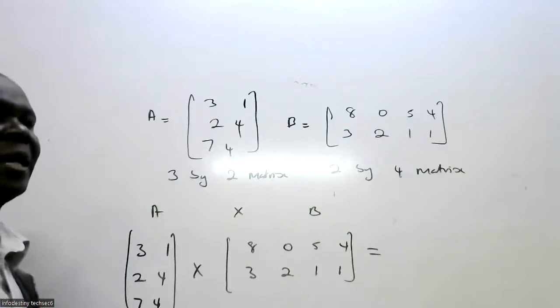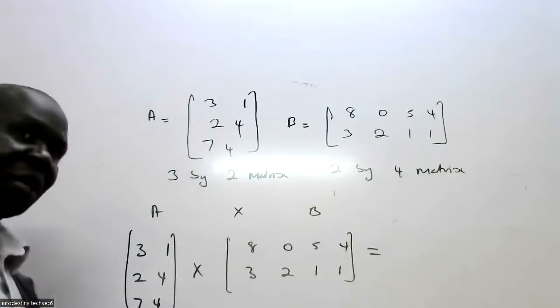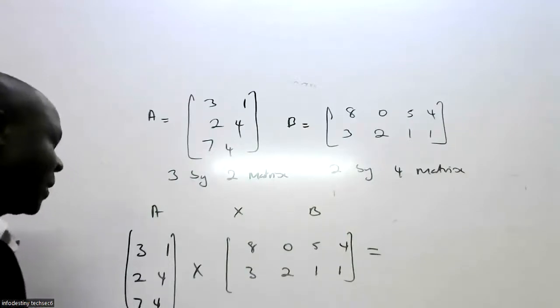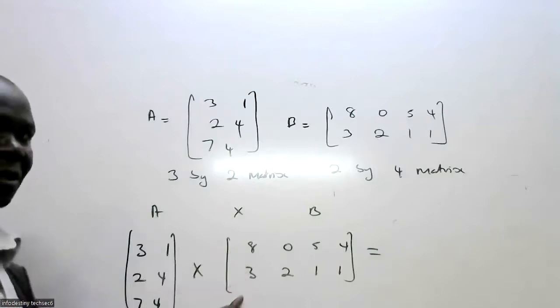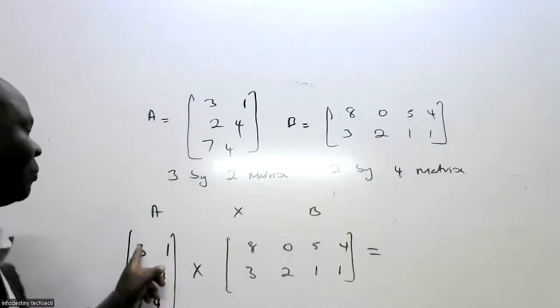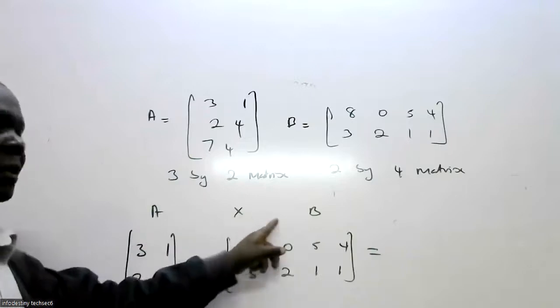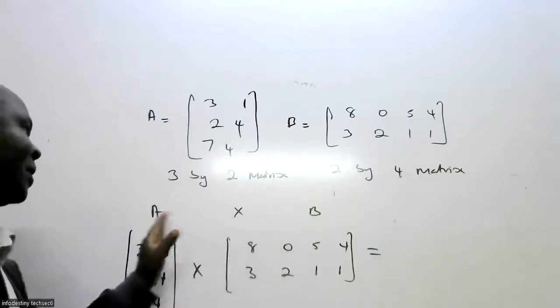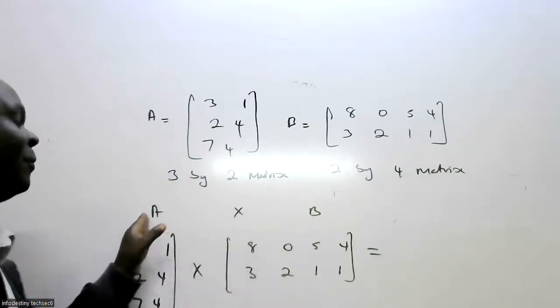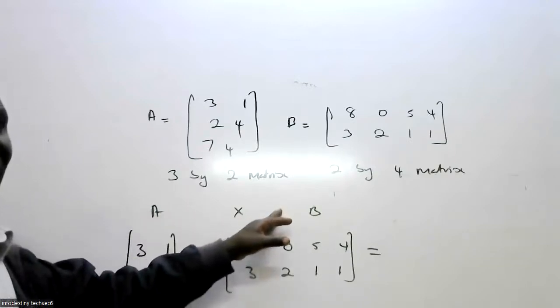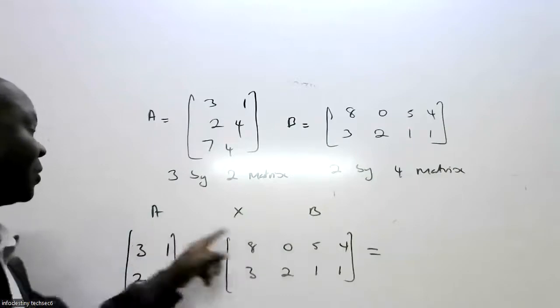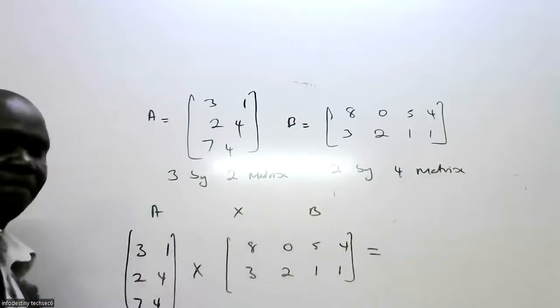You multiply the elements in the row by the elements in the column. The first matrix is for the Roman, the second is for the Catholic. We multiply this times this plus this times this.